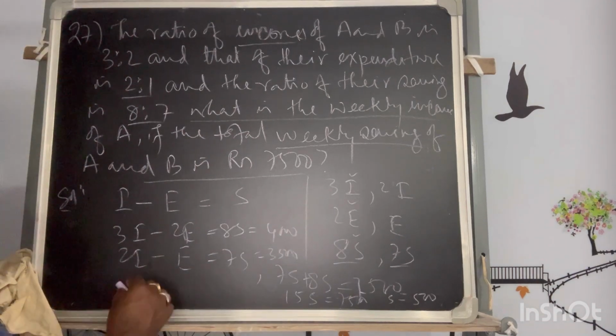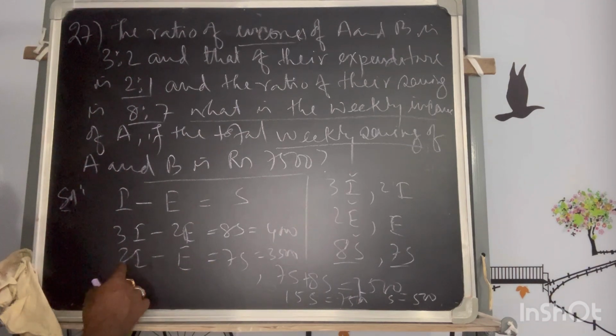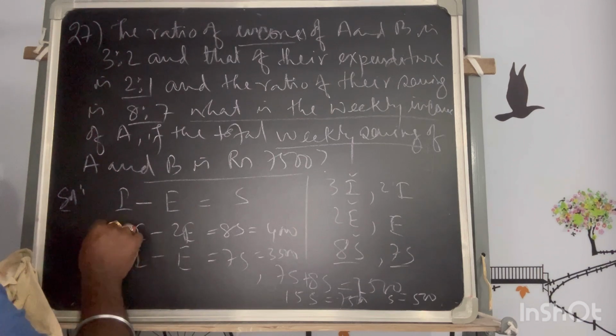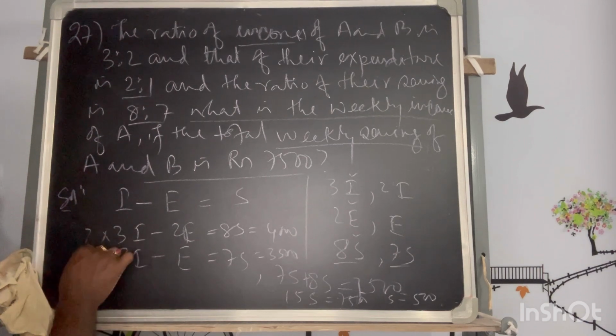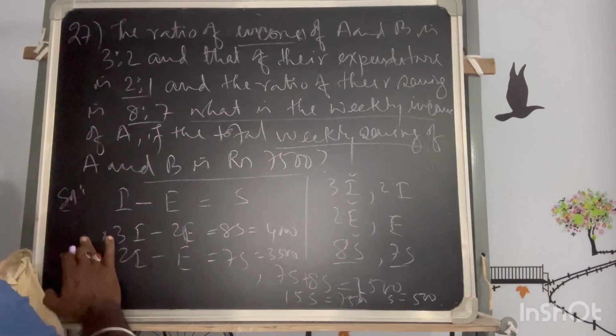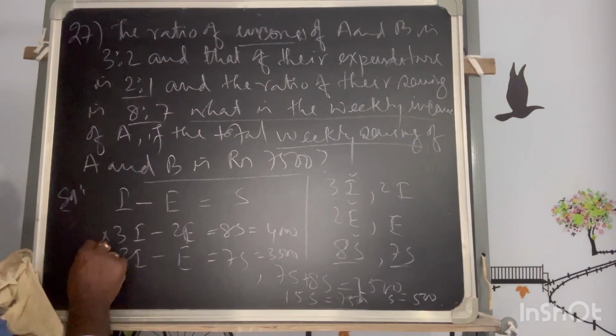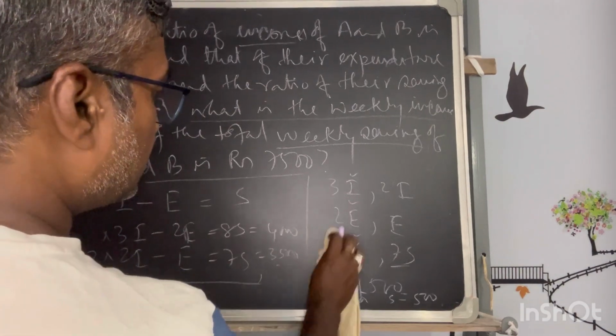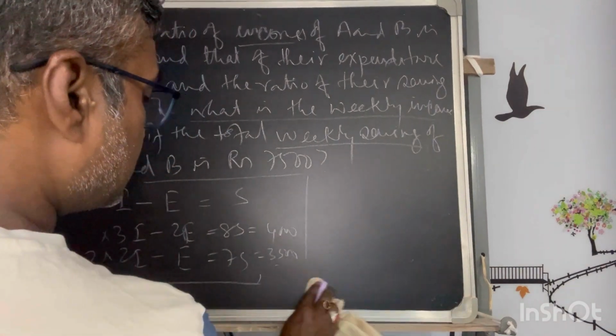Now you will get the question done. So what you have to do, multiply it with 2, or else if you want to multiply it with 2 only and deduct it. Okay, so you already got this thing.